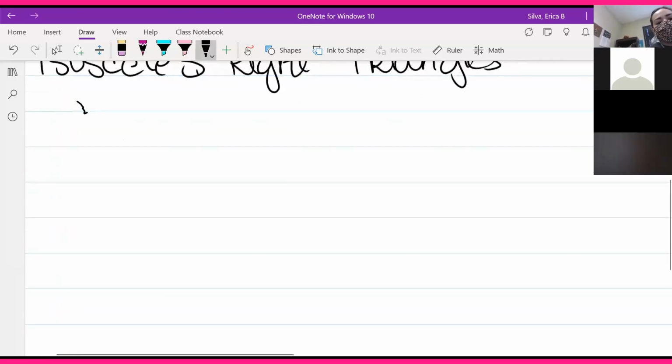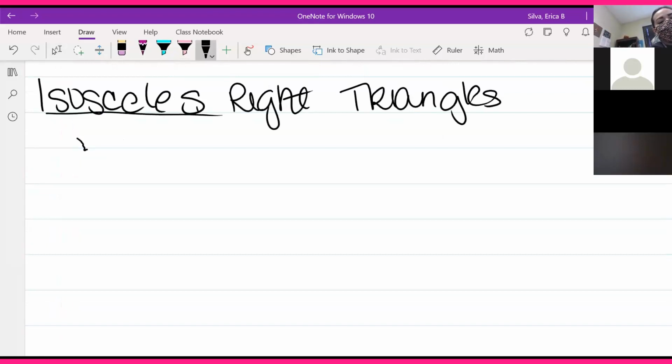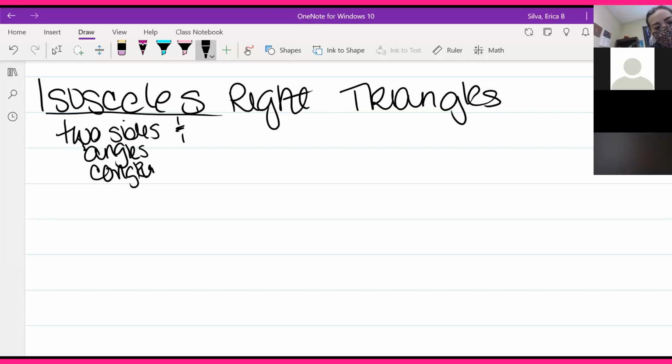And isosceles means that we have two sides and angles congruent, or that are the same. And then the right tells us we have a 90-degree angle.